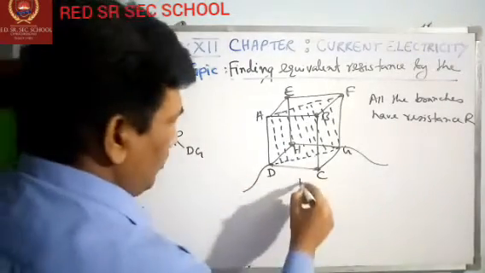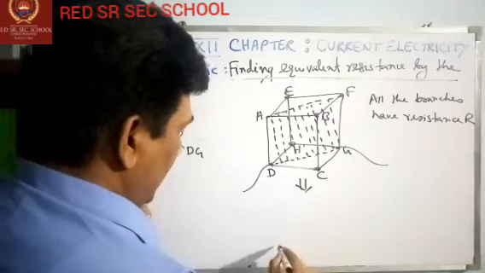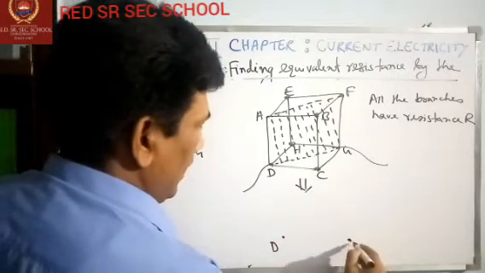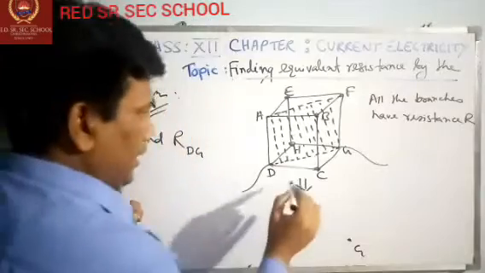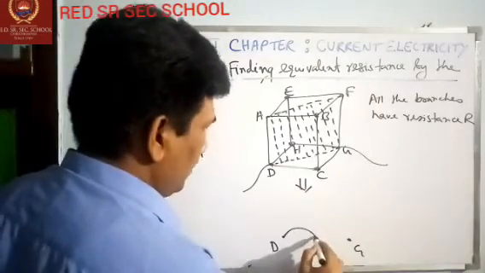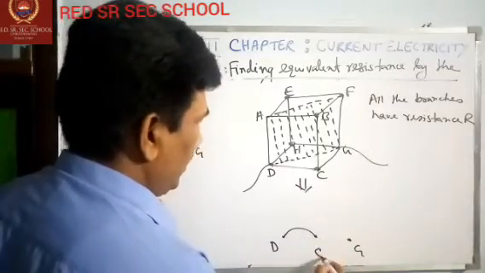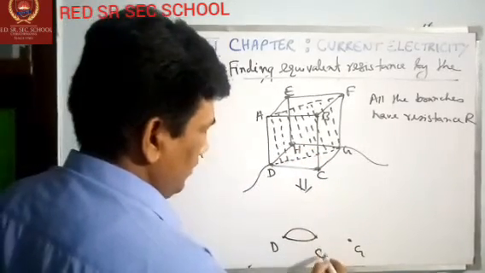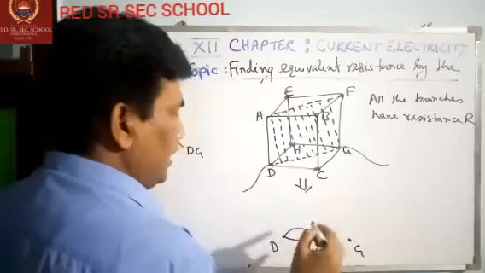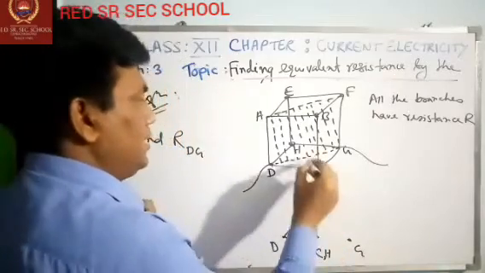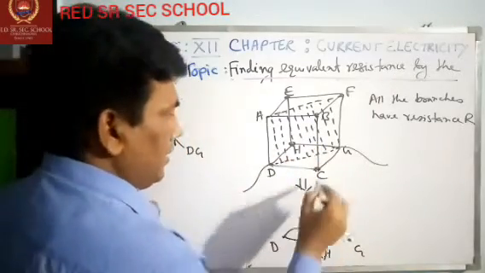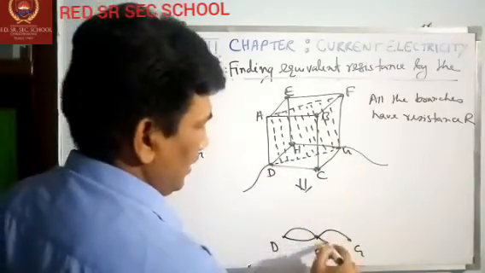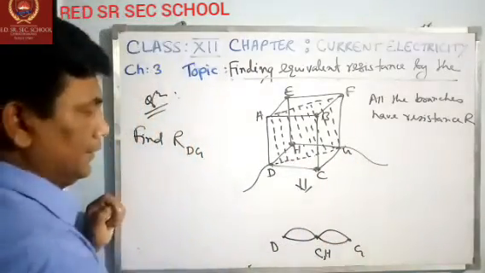So what will be the equivalent figure for this? You have to put D and Z sideways. Then D, from D to C, this point is C. Then D to H. D to H means this point is C also, H also, as C and H are connected. Then C to Z, C to Z, H to Z, H to Z. Okay, this part is over.